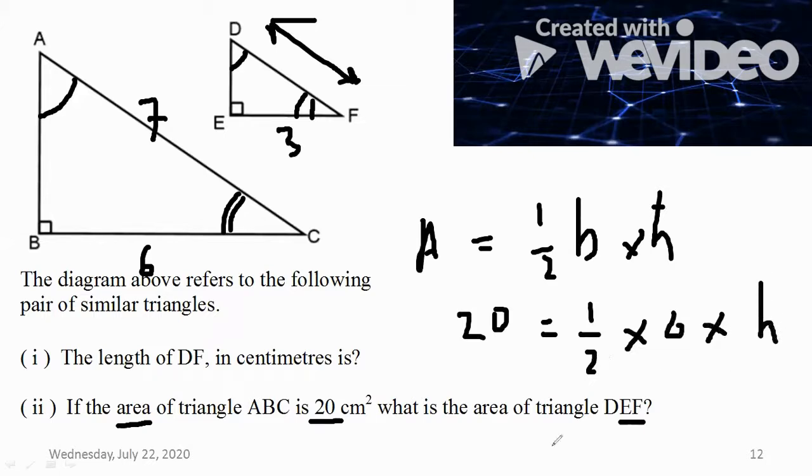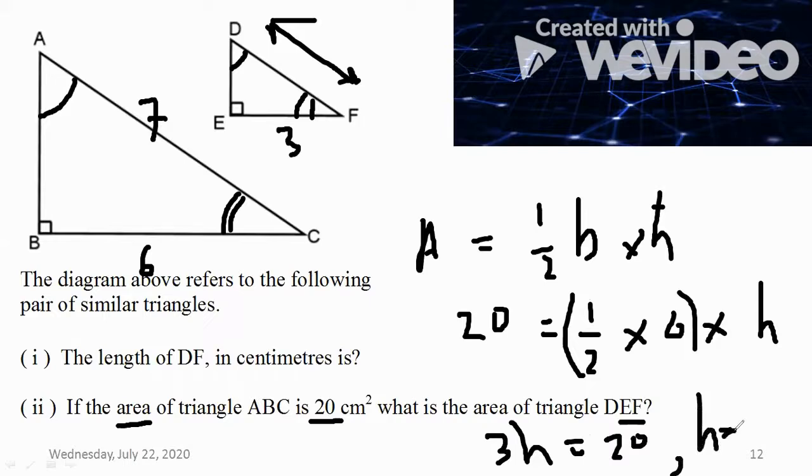Half of 6 is what? 3. So we end up with 3 times h. What is 3 times h? 3h. So therefore 3h is equal to 20, and so h, the height of the first triangle, is equal to 20 over 3.